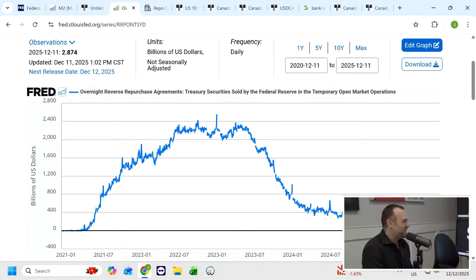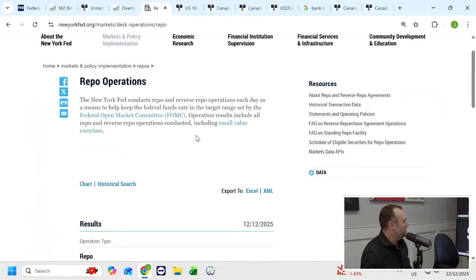The savings account of the U.S. banking system is empty. They've lent out their capital. Which isn't that abnormal, actually. If you expand this time period, there are a lot of periods where it's empty. But what's a little more concerning is the repo operations. This is the other side of the coin.